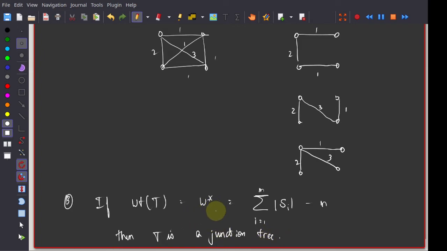If it is not, then it turns out that it's impossible to construct a junction tree for those particular local functions. And the only way you will be able to construct a junction tree is by adding more local functions.